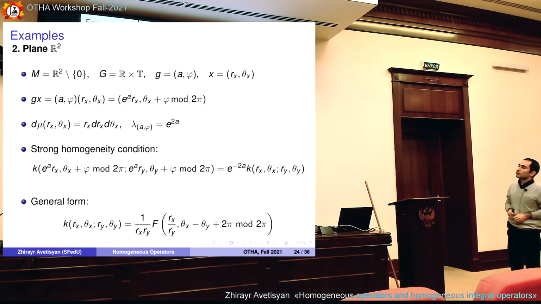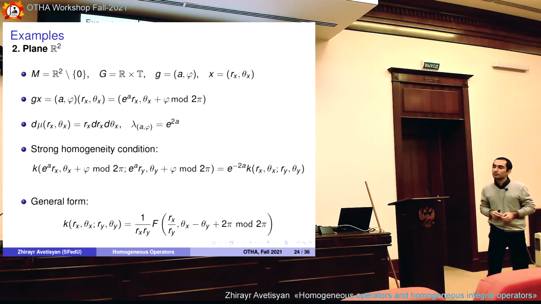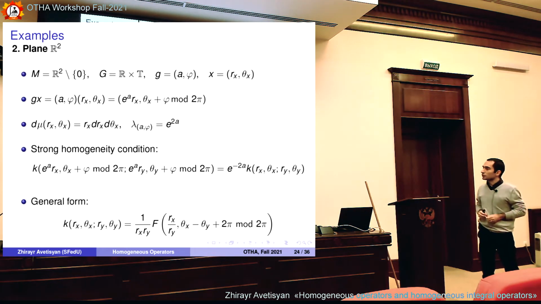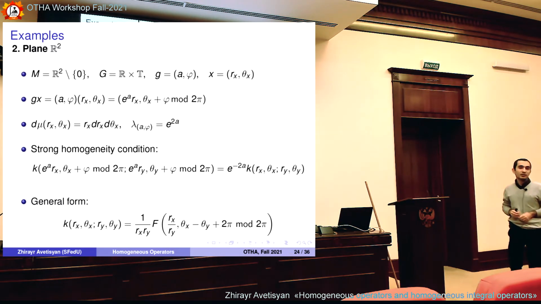Sometimes in the literature, you can see a statement that the homogeneous kernels are functions of the absolute values of the points and their scalar product. You can see that that's not quite true, because this is an arbitrary function of the second variable, not necessarily an even function. So the statement would be true if you consider not only rotations but also reflections, in which case you would rule out the odd functions from there.